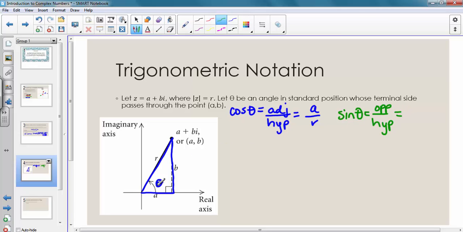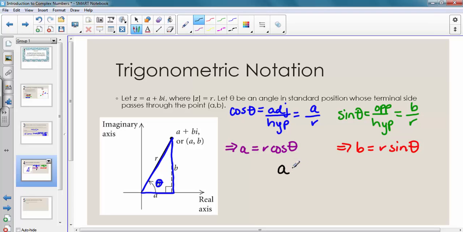So again, looking at our picture, our opposite is b over our hypotenuse r. We're going to now solve this one for a and get a equals r cosine theta. And then we're going to solve this one for b and get b equals r sine theta.